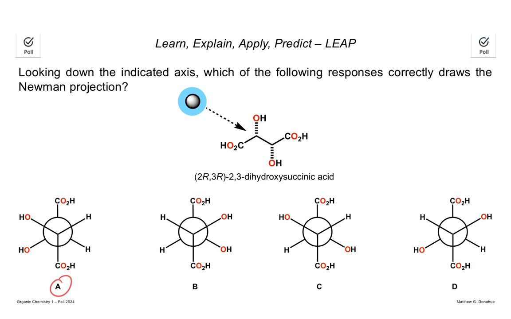So if that is challenging for you, again, the model kit will always help you get it right. So since you're looking down this bond, that acid has to be down right here, and then this acid has to be up right there. These are on the back, so relative to your eye, they're going to be on the left.